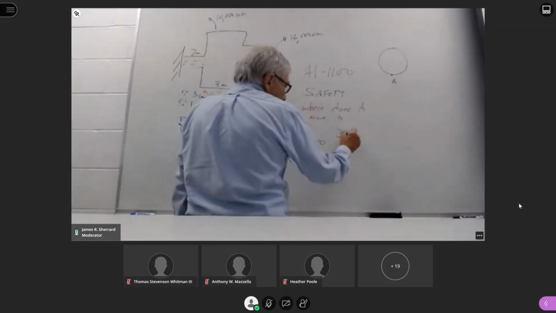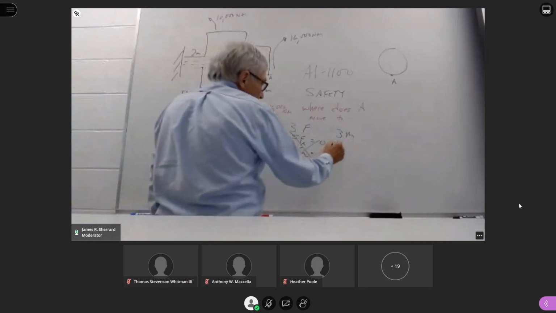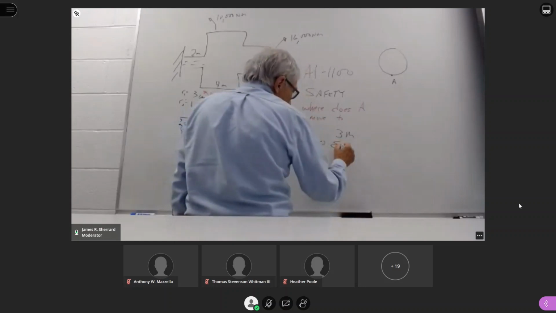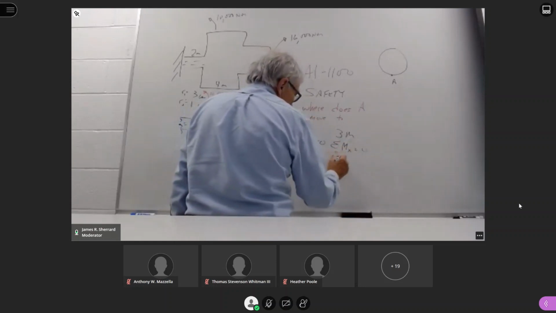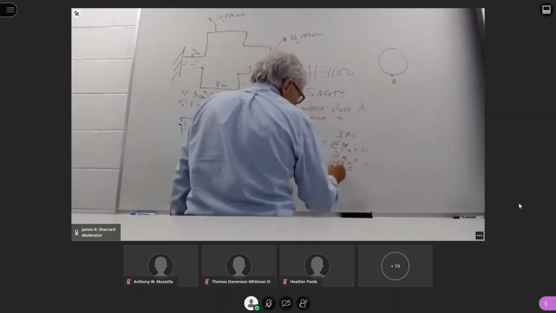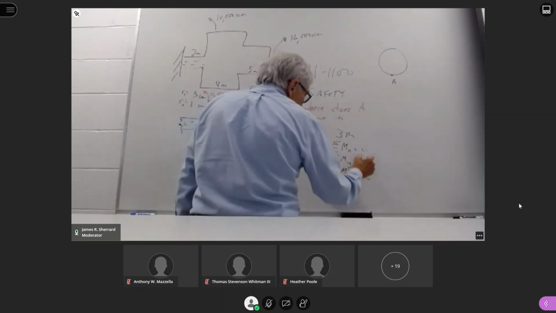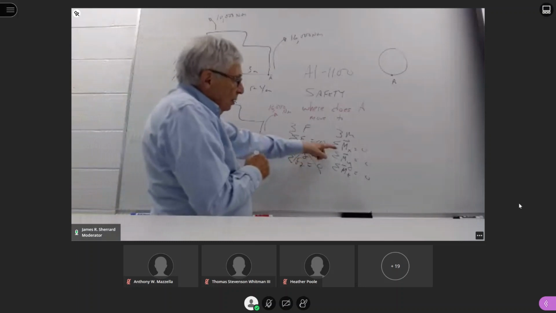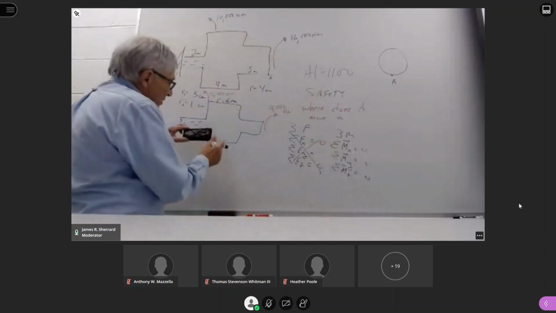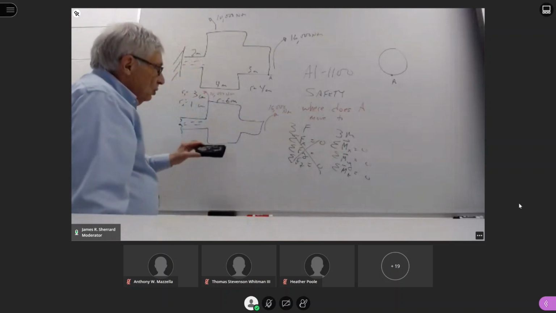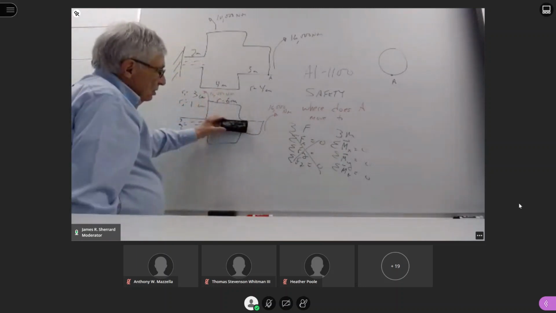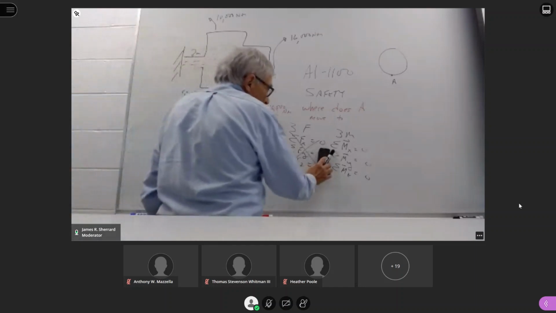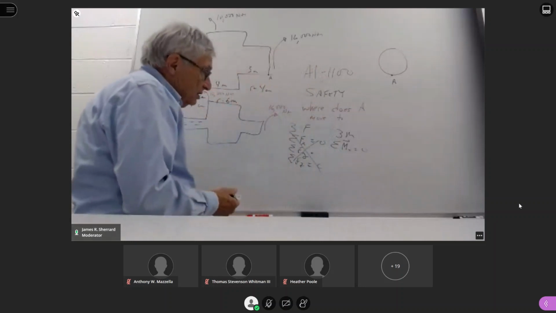If we look at the 3 moment equations, the only one that comes into play is the sum of moments around the x-axis. The x-axis is going in this direction from left to right. So these moments, these torques, are making this rotate around the x-axis. So the only one we're concerned with is sum of moments around the x-axis.